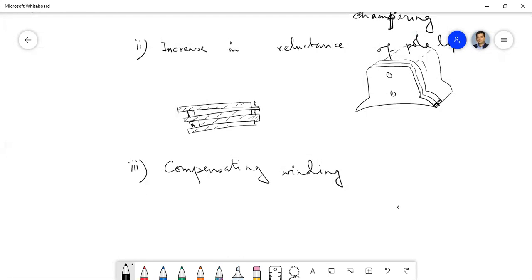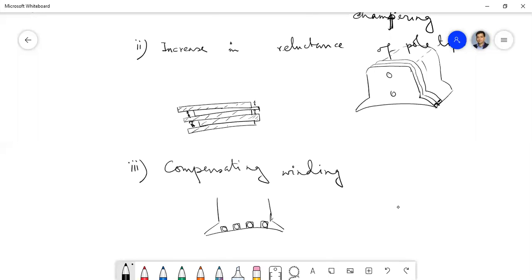Suppose we already have this, and we have to make some grooves on the pole shoe, and there we will place some conductors.